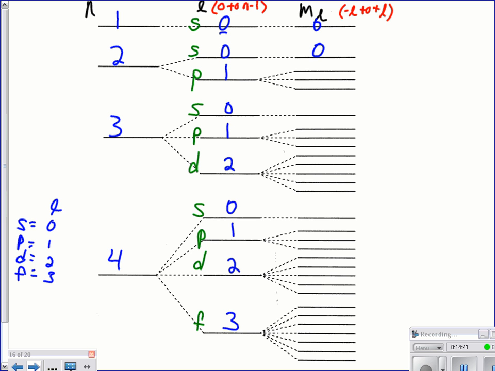If your L is equal to 1, your M sub L is equal to anything from negative 1 to positive 1. If your L is equal to 2 for a D block, then your M sub L is equal to anything from -2 to +2.